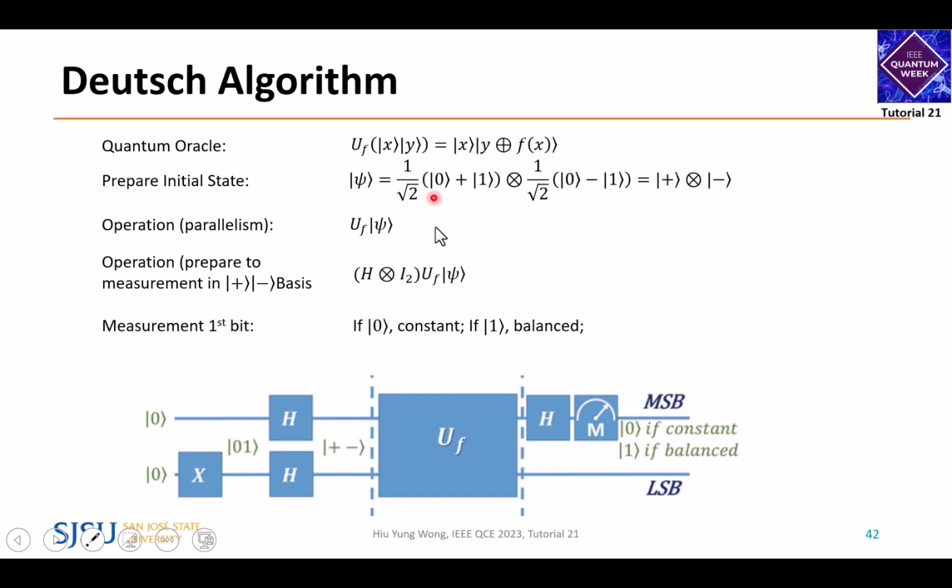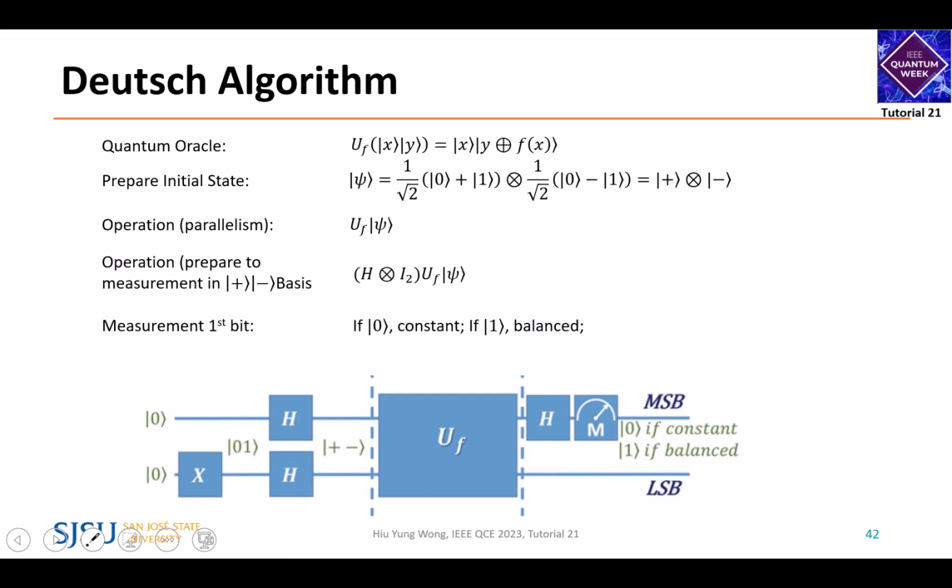And what do you do to get to plus? You apply a Hadamard gate to a 0 qubit. How do you get to the minus? You apply a Hadamard gate to the 1 state. And you can get the 1 state by doing a NOT gate, right? So you apply the NOT gate to 0, you get 1, and then the Hadamard gate, you get the minus.